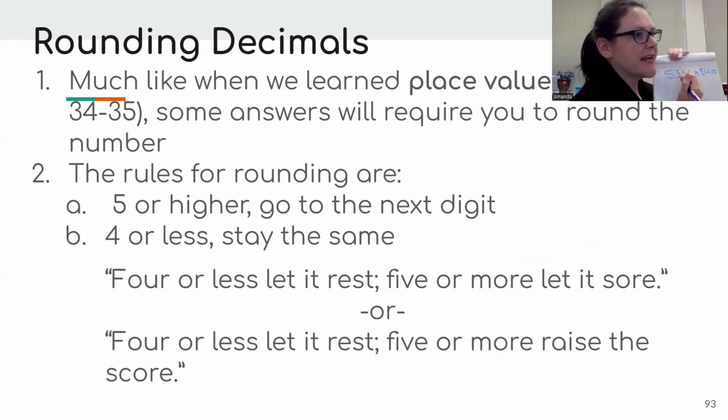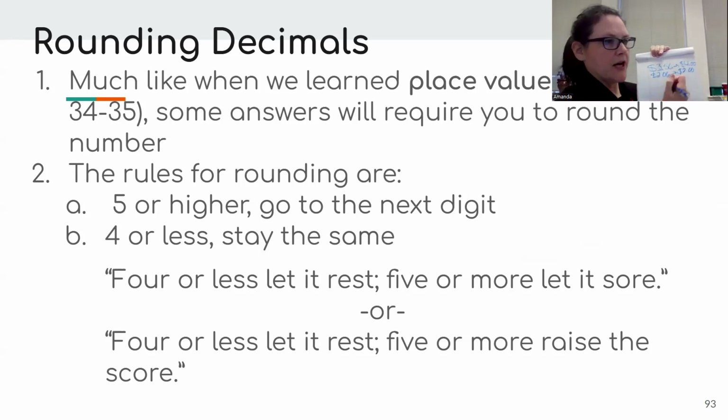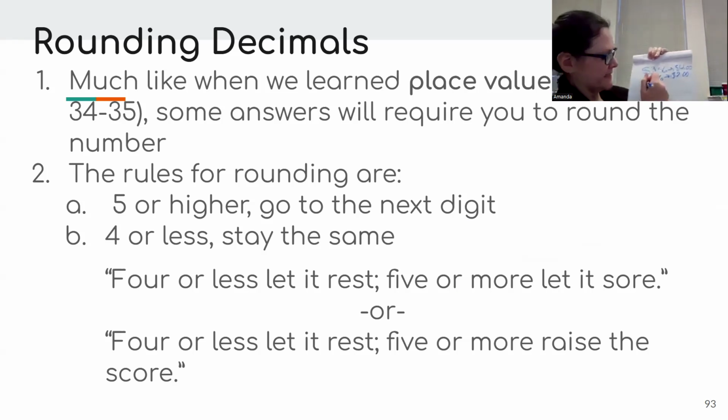Our next one, let's do $2.06. Is it going to go up or down? It's going to go down to $2 because that is a 0. How about 96 cents? Is it going to go up or down? It's going to go up to $1.